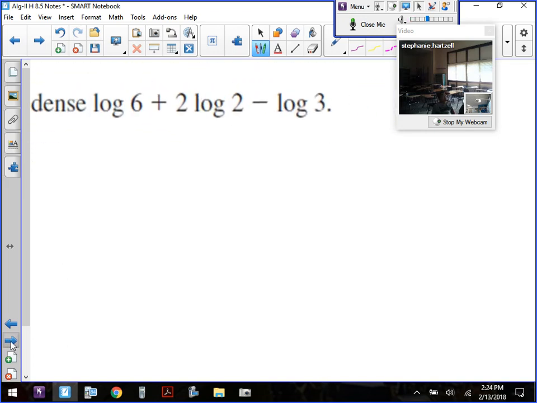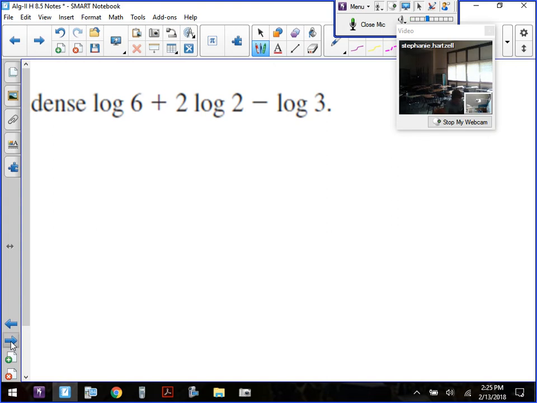Condense. Take multiple logs, make it into one. When you're condensing them, you don't see it as often in parentheses, especially with numbers, because when you're multiplying, even with division, you're just multiplying straight across. That's why it's not really that big of a deal when you put it all back together.